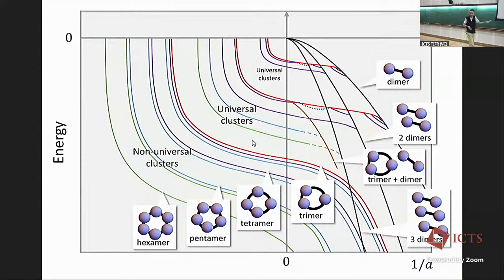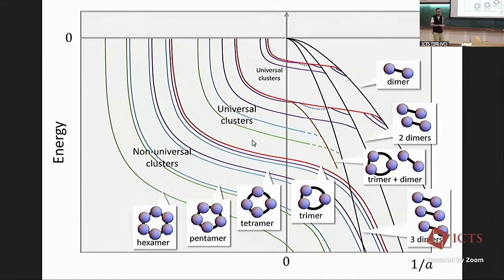If you're not familiar with that, what you're looking at is a spectrum, not only of the three-body system, but also up to the six-body system. On the x-axis is plotted the inverse of the two-body scattering length, which is a substitute for an interaction strength.